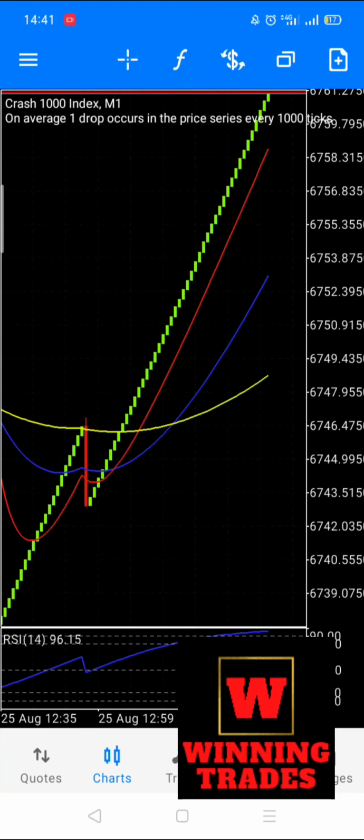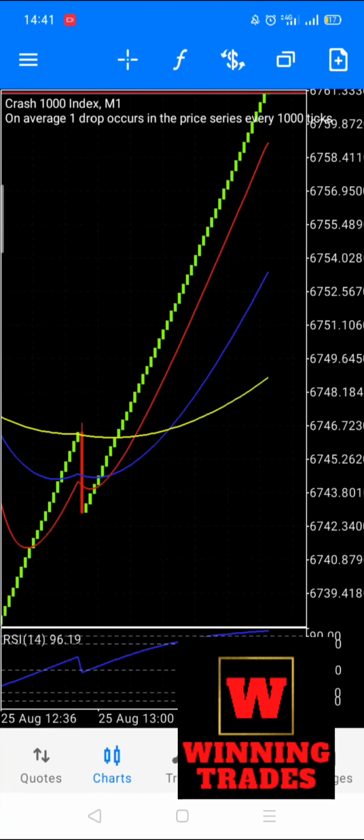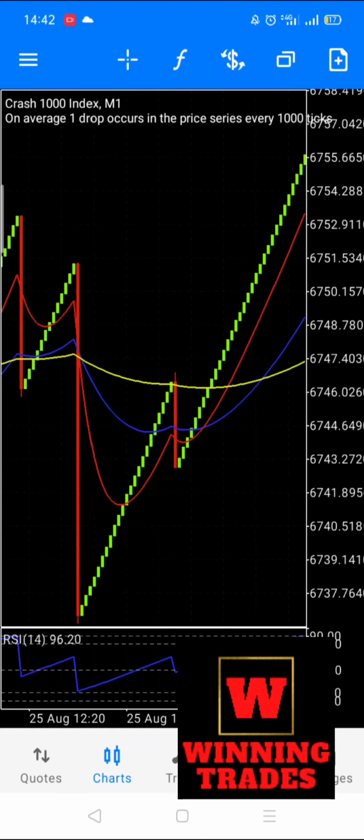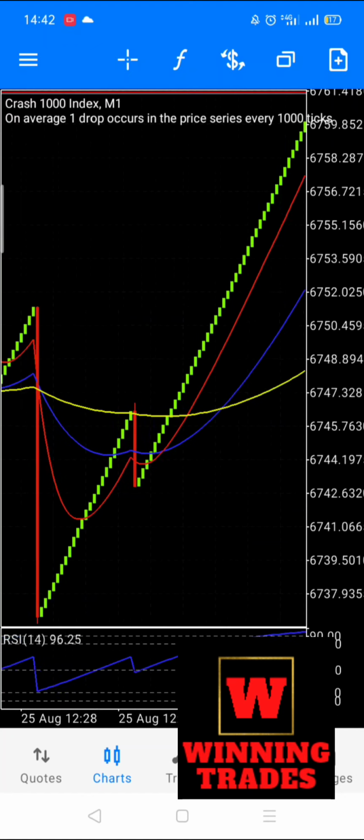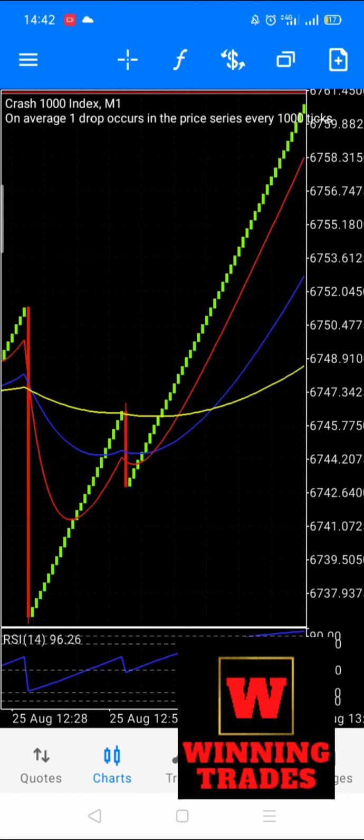Adding the 200 EMA to these other 2 EMAs makes you get even more profit, because if the 50 EMA crosses the 200 EMA on a Boom index, then it shows us that there's going to be a long buy. And if it's on Crash, when the 50 EMA crosses the 200 EMA, it shows that we're going to be in a long sell.